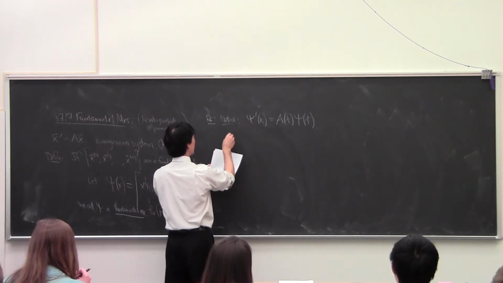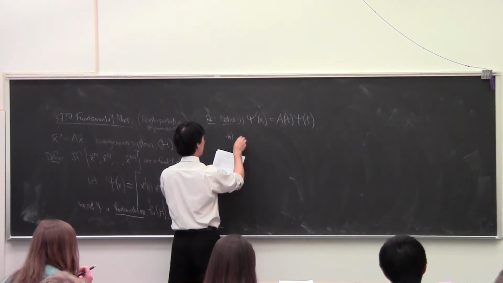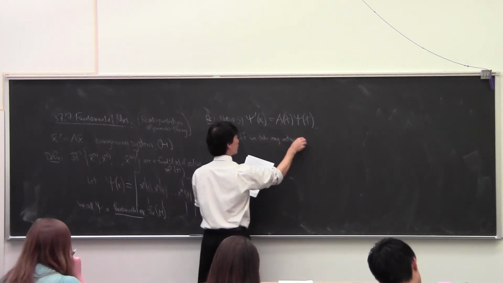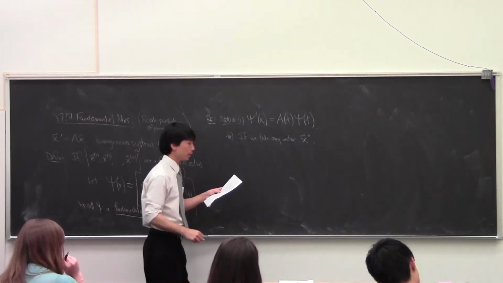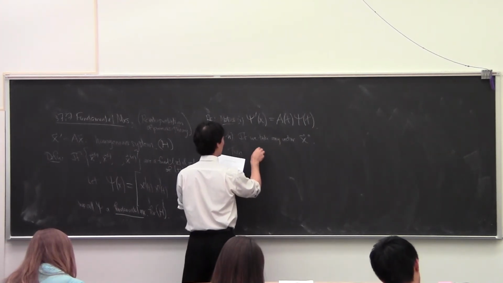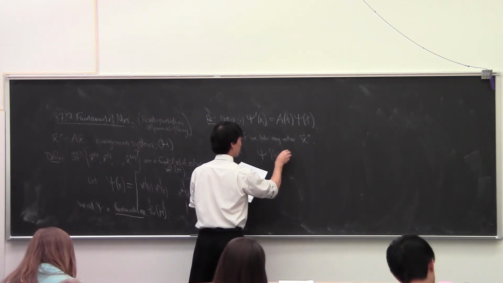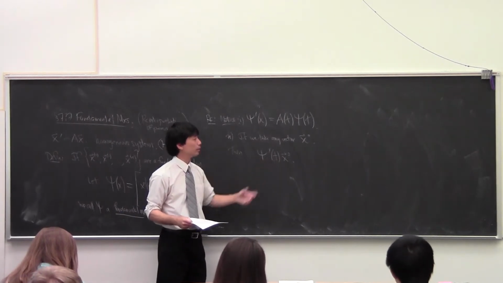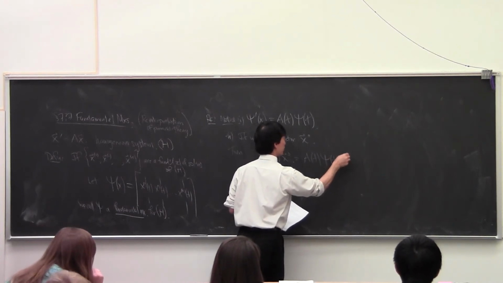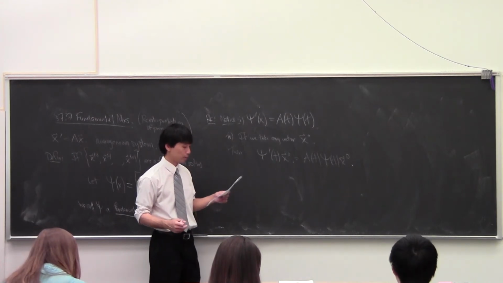Also notice that if we take any vector x0, then if I take C'(t) x0, that's the same thing as A(t) C(t) x0.